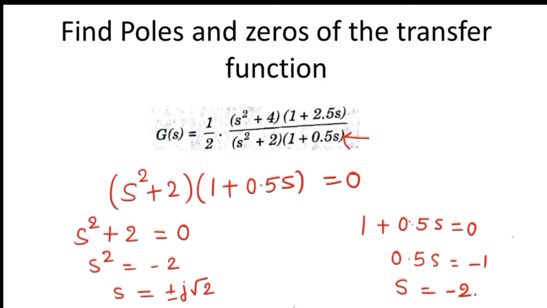Let us see whether it is a pole or not. I am taking the value s is equal to minus 2 and substituting it in this G of s. Let us see what happens.